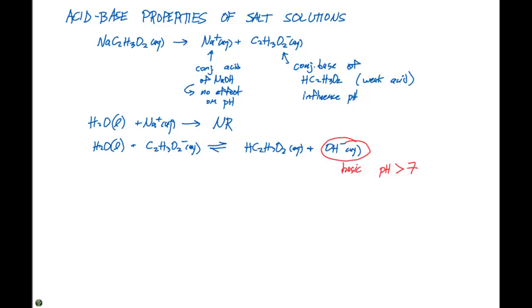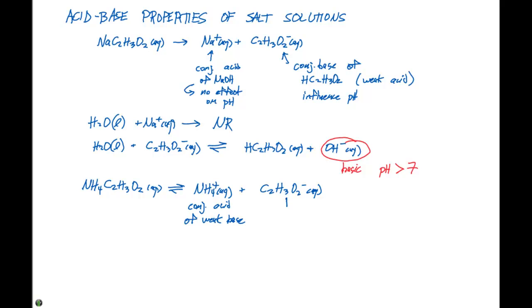But what if we have a salt solution like this, where we have NH4C2H3O2, and that salt is going to be in equilibrium with NH4 plus and C2H3O2 minus. So here we have the conjugate acid of a weak base, and here we have the conjugate base of a weak acid.